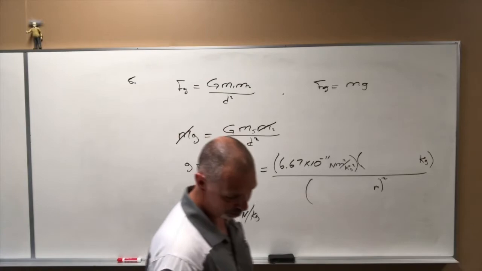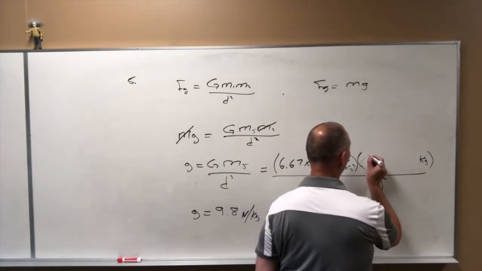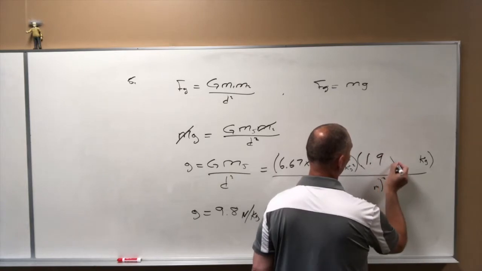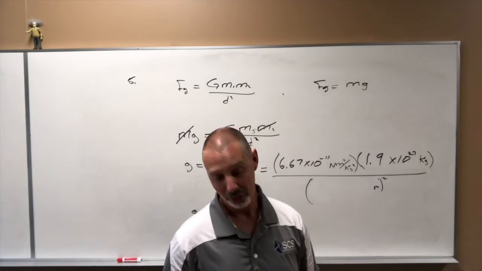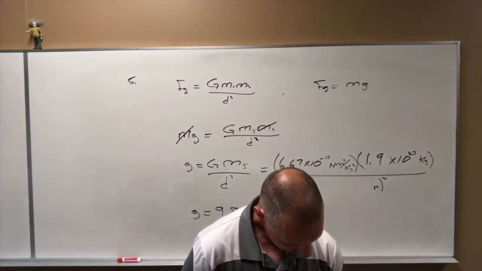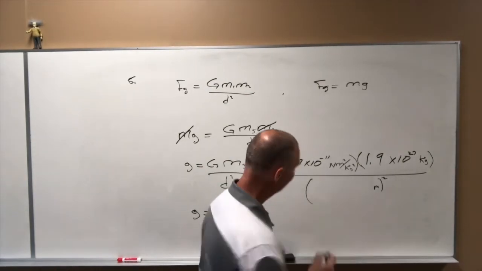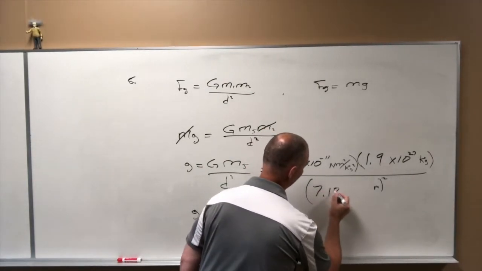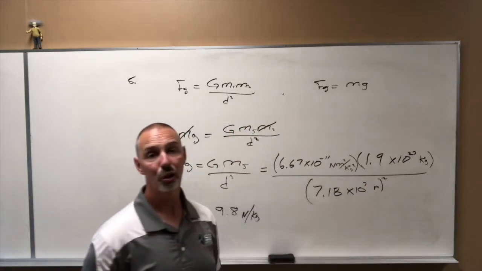Jupiter has a mass of 1.9 times 10 to the 27, and so it's heavier than the Earth, and it has a radius of 7.18 times 10 to the 7. And again, significantly larger than the Earth.